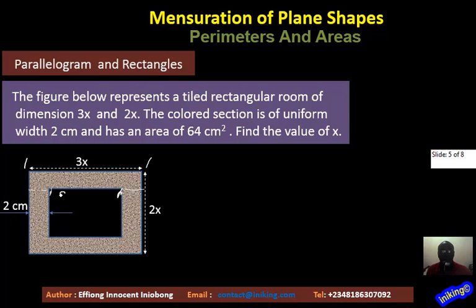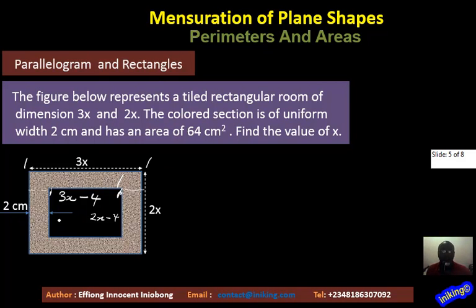So this will now be 3x minus 4. That's 2 centimeters this way and 2 centimeters the other way. Likewise, the inner width will be 2x, also minus 4, that we will subtract 2 this way and 2 that way.